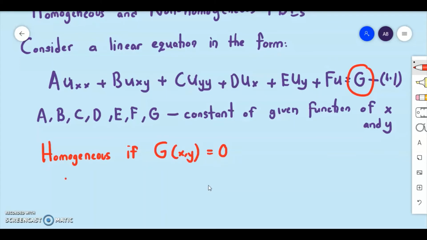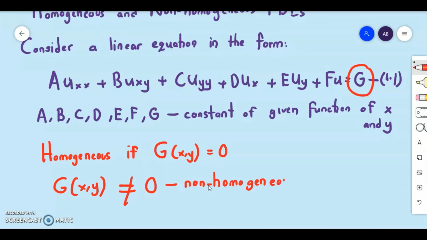G can be a constant or a function in x and y. If it's not equal to 0, then we have a non-homogeneous term. Okay, so this is how you classify your PDE: not just order, not just linear and nonlinear, but also whether it's homogeneous or non-homogeneous.